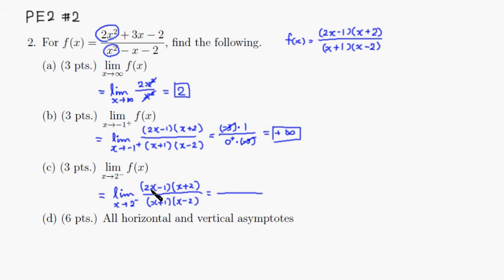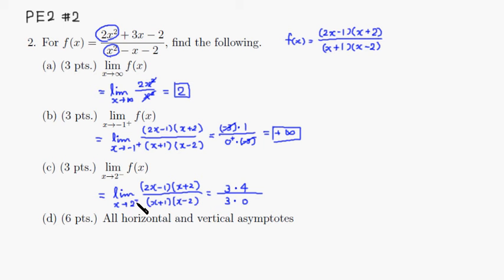So you have 2 times 2 is 4 minus 1, which is 3, multiplied by 2 plus 2, which is 4, over 2 plus 1, which is 3, and then 2 minus 2, which is 0.